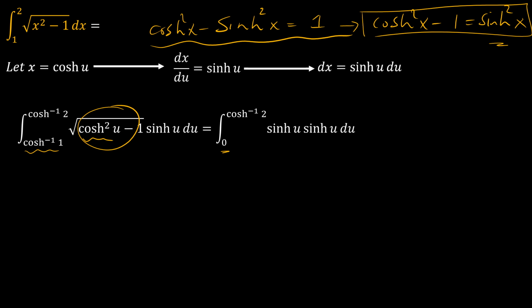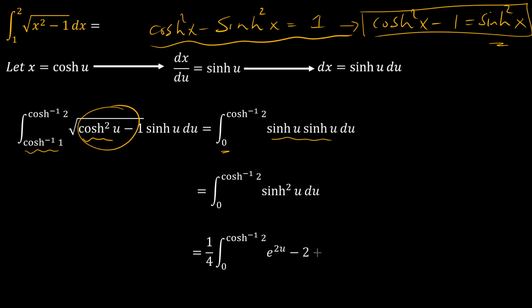And so you have these two hyperbolic sines of u multiplied together, so that becomes hyperbolic sine of u squared. We can try to transform things by using the fact that hyperbolic sine of u is e to the u minus e to the negative u, divided by 2.